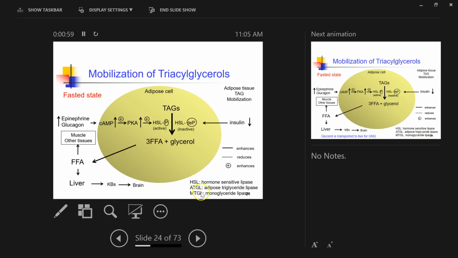And we have three different lipases involved in this whole process, right? Hormone-sensitive lipase, ATGL, adipose triglyceride lipase, and monoglycerol lipase. But I just wanted you to remember the HSL, right, as the key enzyme that catalyzes lipolysis or the mobilization of triglyceride.